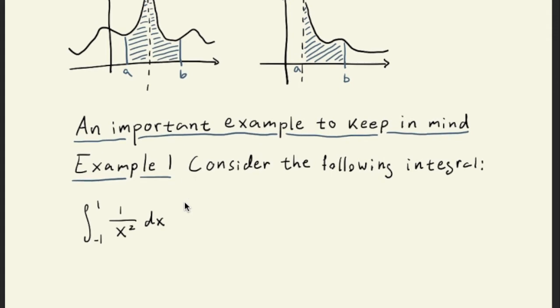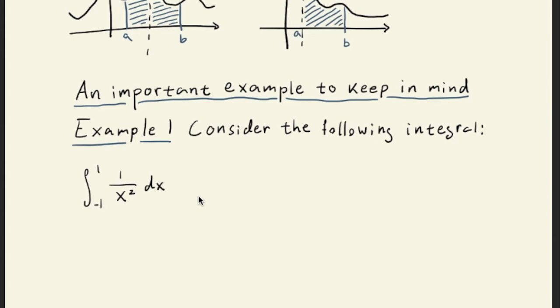All right, let's consider this integral from -1 to 1 of 1 over x squared dx. I'm just going to, without thinking, solve this integral. 1 over x squared, I know how to take an antiderivative of. That's -1 over x, because it's just the power rule. You take a derivative here, you get 1 over x squared.